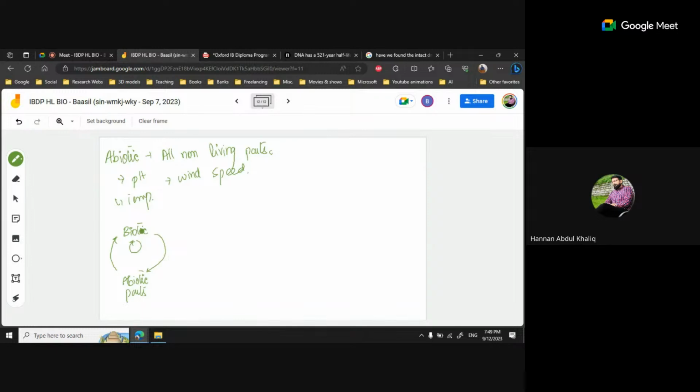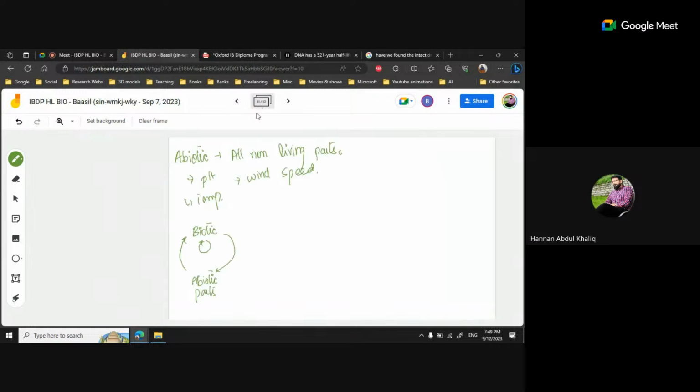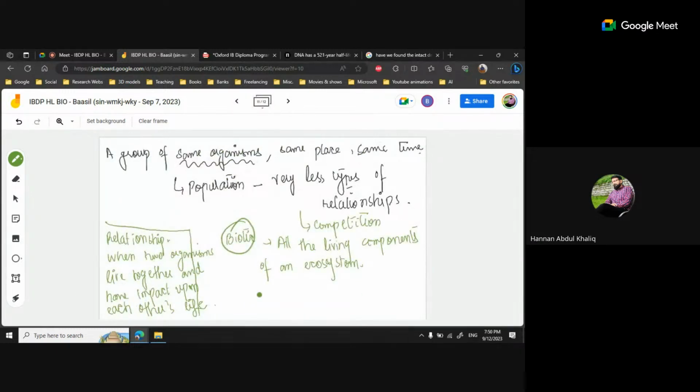The relationship would not only exist between the biotic and abiotic factors, but it would also exist within the biotic factors. Like, parasitism is a relationship between two different organisms, then mutualism, then commensalism. There is another relationship that only occurs in a community, and that is the predator prey relationship.